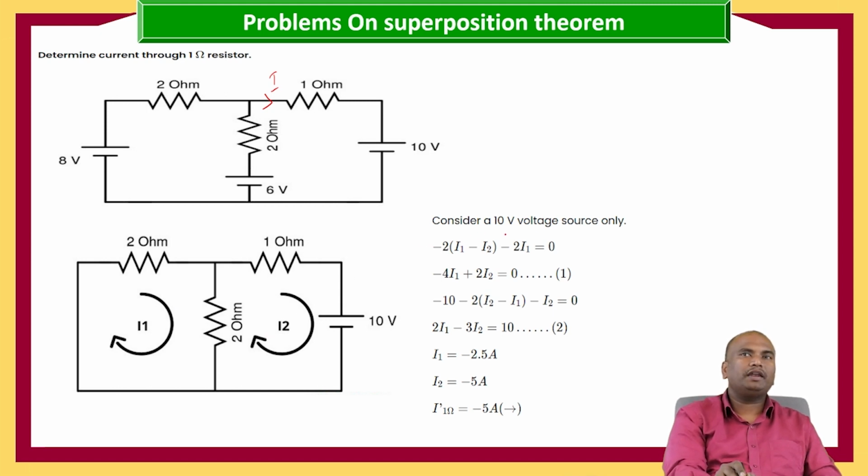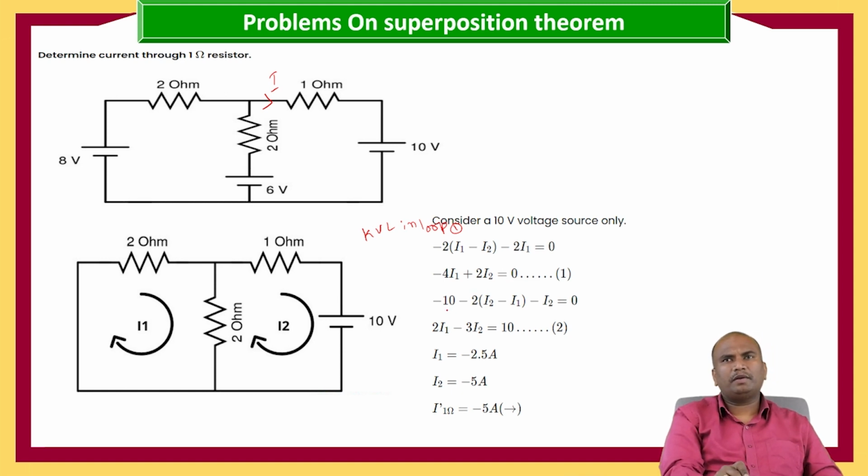Here, with only the 10 volt source acting, applying KVL in loop 1: minus 2 into I1 minus I2, minus 2I1 equals 0, that is minus 4I1 plus 2I2 equals 0.